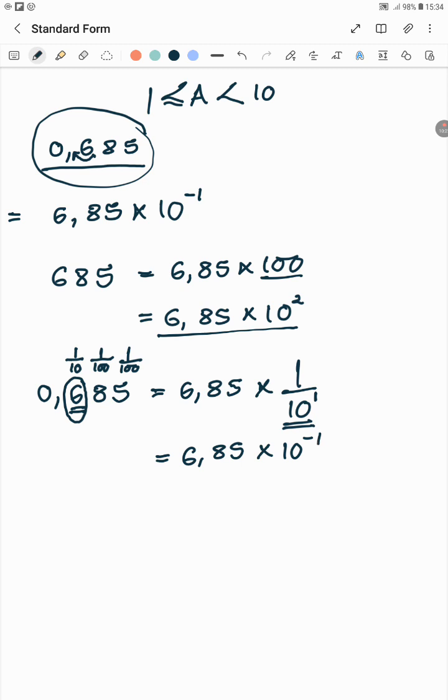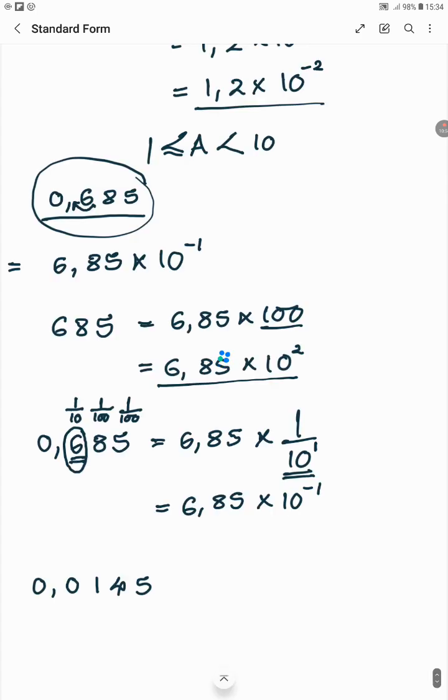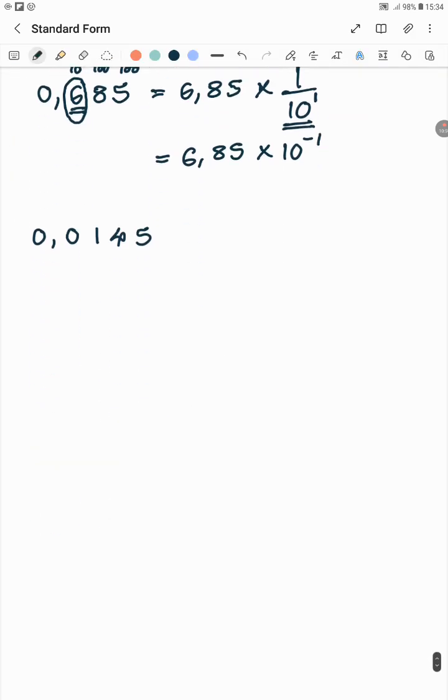So let's try to do these examples now using the place value of the first non-zero digit that we have in these numbers that we are being asked to express in standard form. Let's say I have 0,0011 45. And this one, which is the first non-zero digit, falls under what?